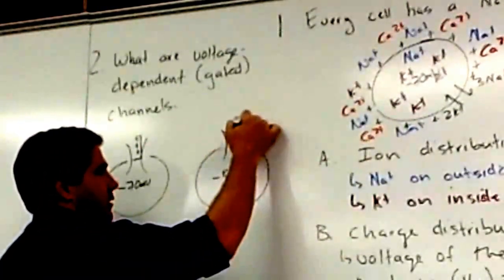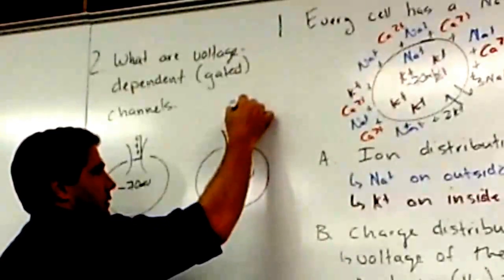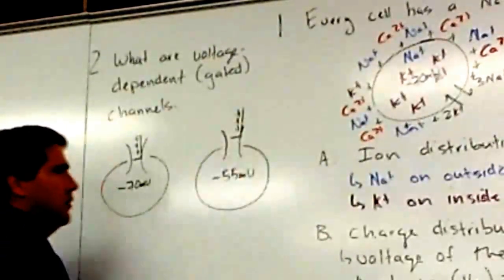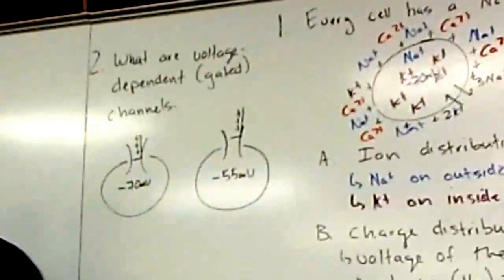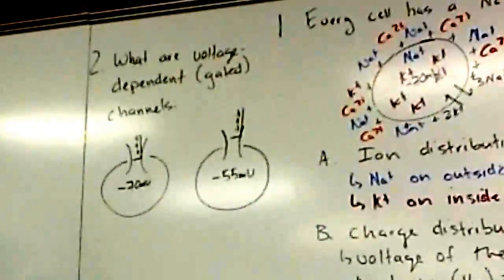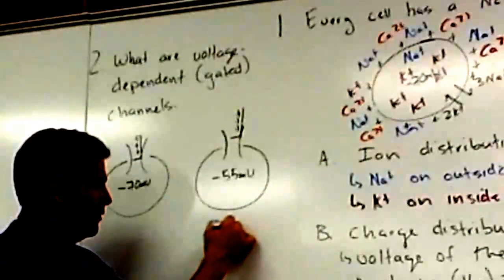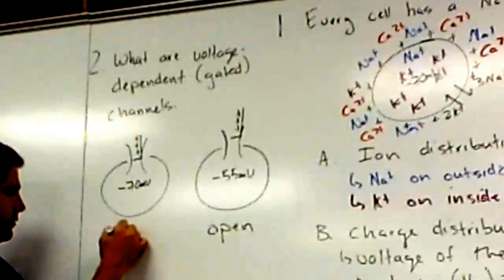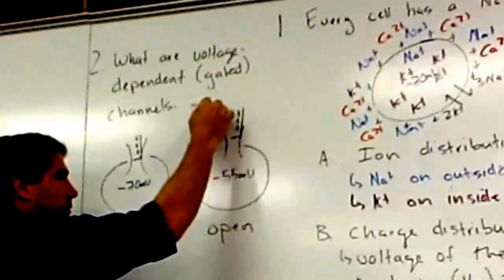What happens then is that little gate says, I'm not as attracted to the inside of the cell now because it's not as negative inside that cell. So this channel now becomes open, whereas this channel was closed. So ions can flow.